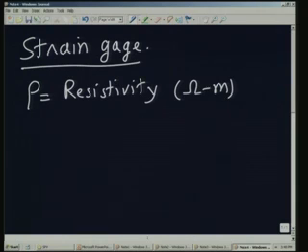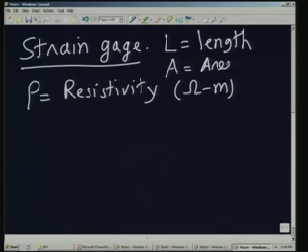So, the length of the conductor is L, and the area of cross section is A. Okay.